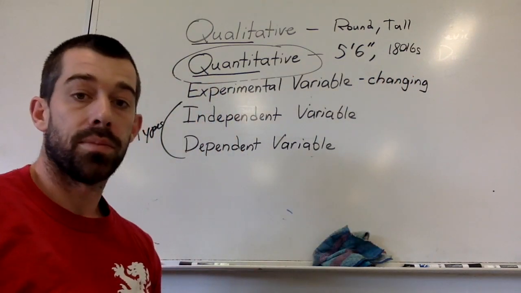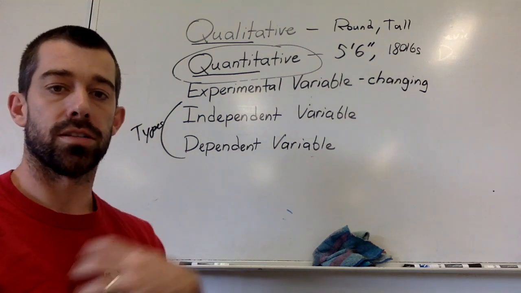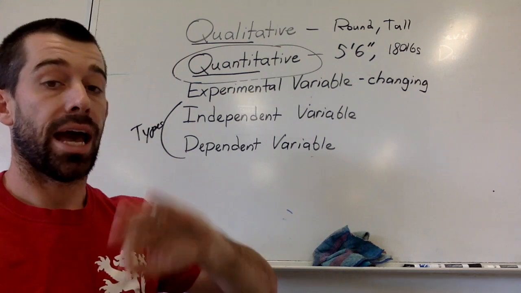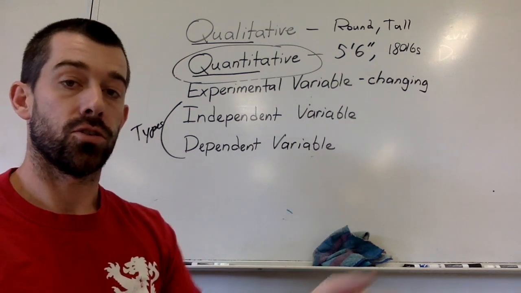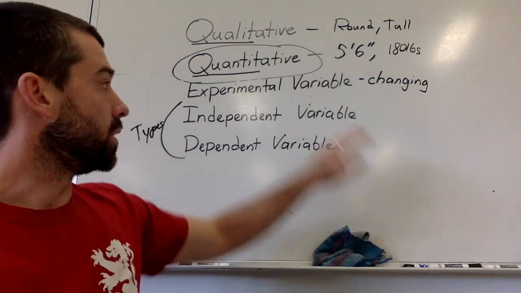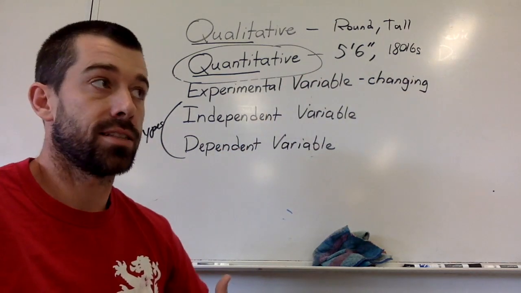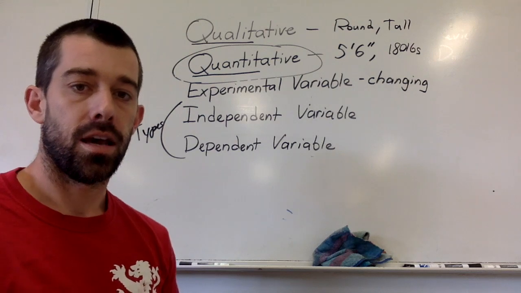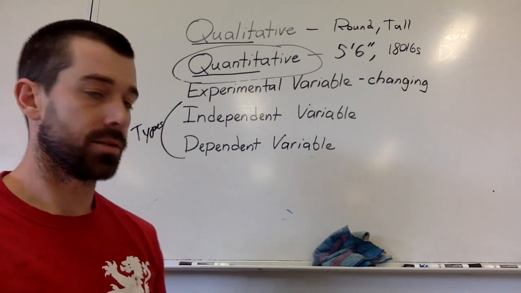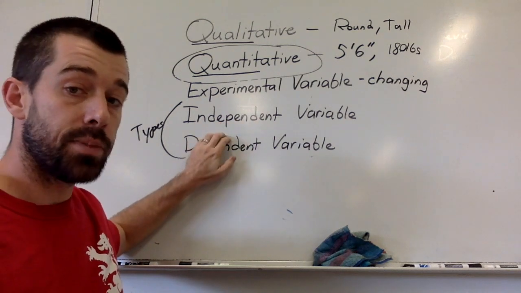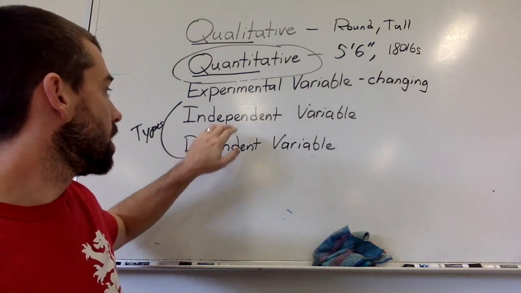And it might be something that the experimenter, the scientist, is directly changing, or it might be something that's changing as a response to what the experimenter does. But these are the things that will change. That's the opposite of, let's say, the constants, the things that will not be changing.